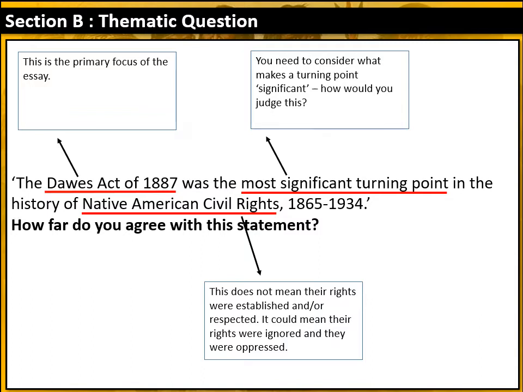So in this case, it means that the Dawes Act was significant and the most significant turning point because Native American rights were ignored and they were oppressed. So it doesn't necessarily mean that their rights are enforced by the Dawes Act. It just says it's significant. It's not a question of whether it's positive or negative. It's a measure of importance.